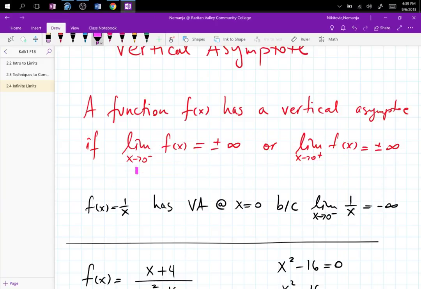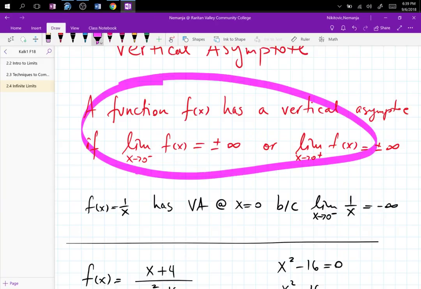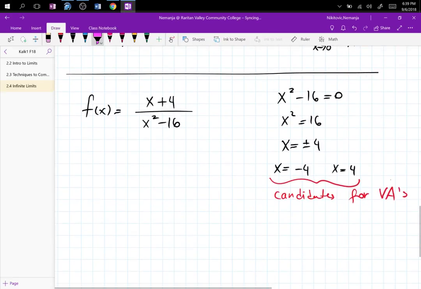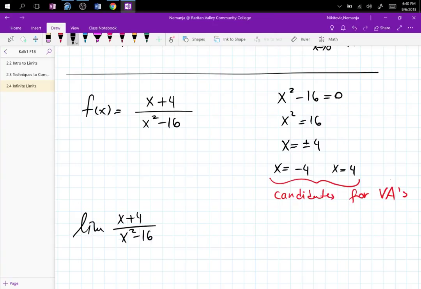So now, if I am to use this to solve the problem I have below, I am going to just apply it by saying limit of x plus 4 over x squared minus 16, as x approaches -4 from the left. This is it, and you have to solve this.